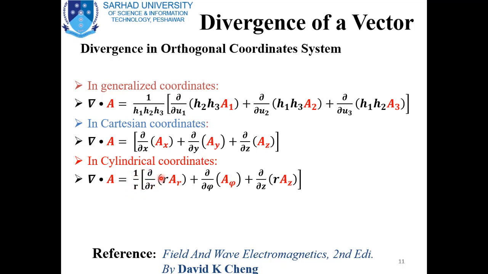into del by del r of r times the radial component of vector A, plus del by del phi of the phi component, the angle component of vector A, plus del by del z of r times the z component of vector A. In spherical coordinates, where u1, u2 and u3 will be replaced with r, theta, phi, the metric coefficient h1 will equal 1 and h2 will equal r, while h3 is equal to r sin theta.